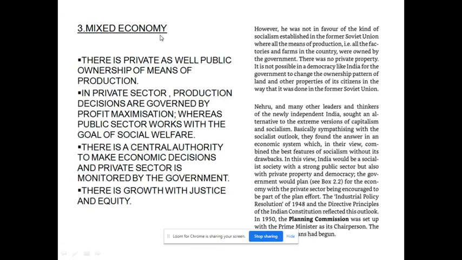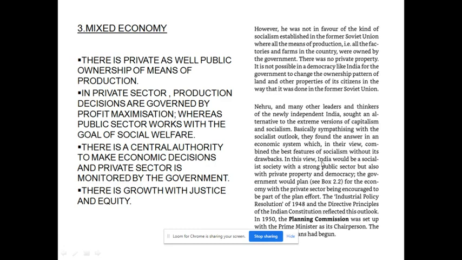So they adopted a system which brought together the features of mixed economy. And you see here, therefore, they found the answer in an economic system which, in their view, combined the best features of socialism without its drawbacks.